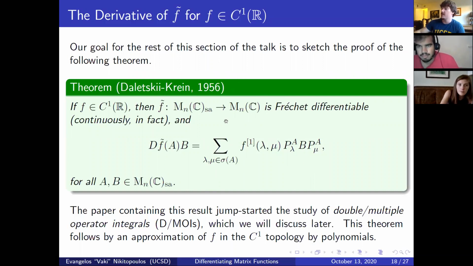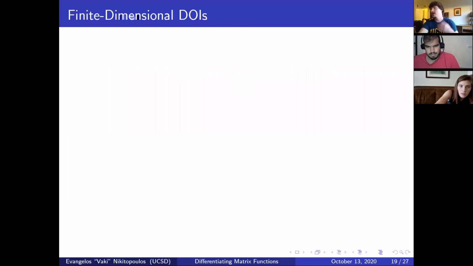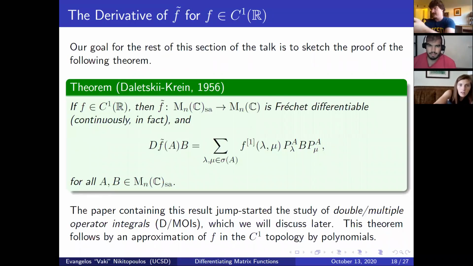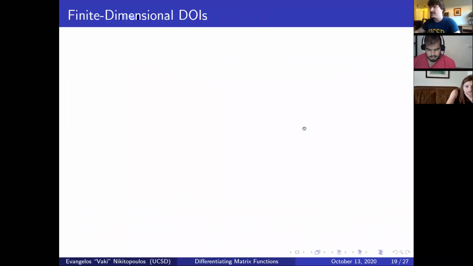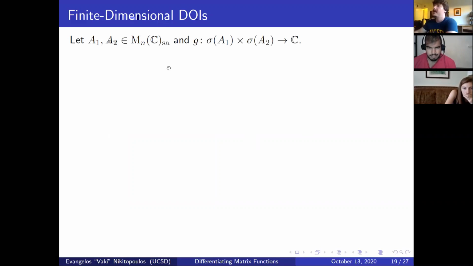The theorem we're going to prove, as I suggested, by approximation of f in the C1 topology by polynomials, as I will show you. So I told you we need to consider an object such as the one in this formula right here. Such an object is called a finite-dimensional double operator integral, and it's defined as follows.